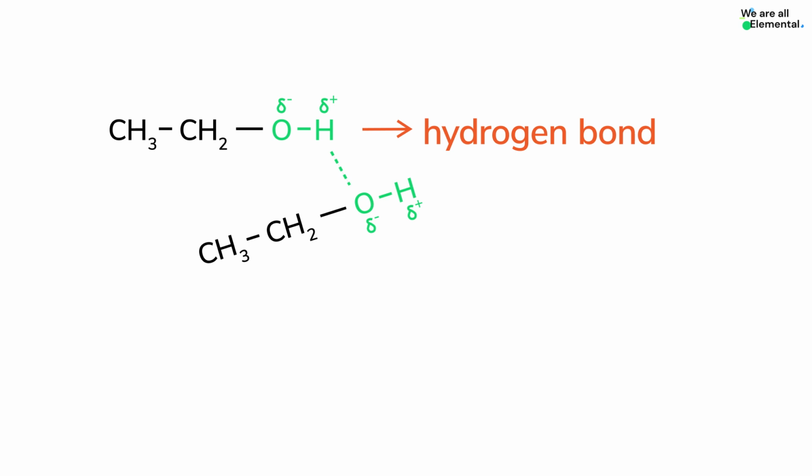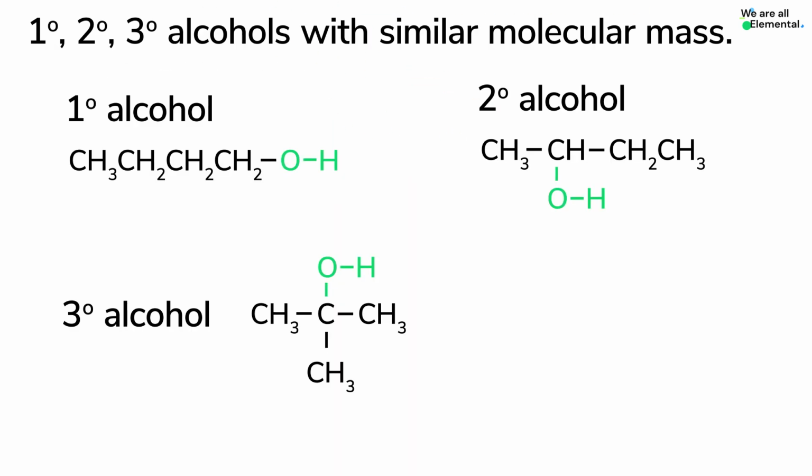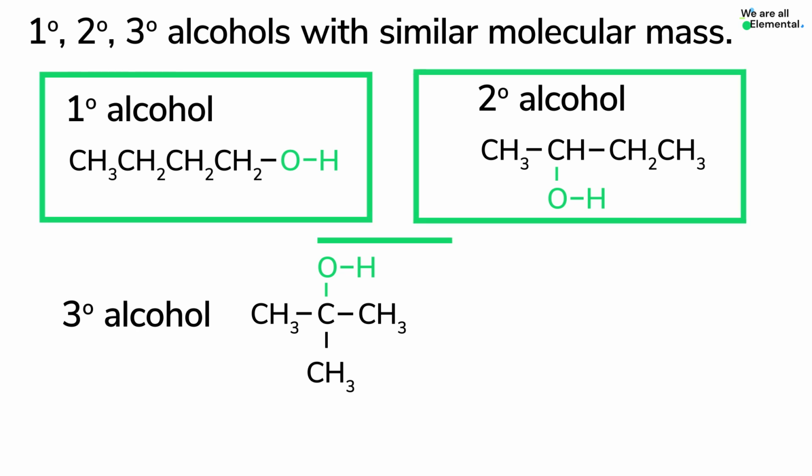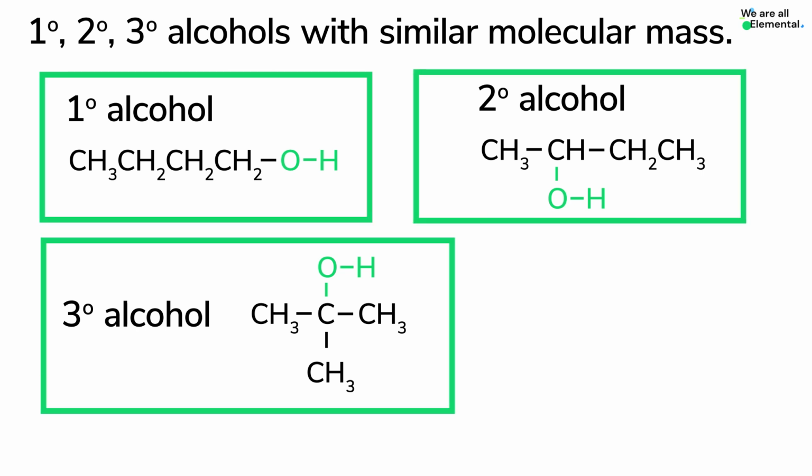presence of hydrogen bonds. To compare the boiling points of primary, secondary, and tertiary alcohols of similar molecular mass, the primary alcohol has one alkyl group attached to the OH group.